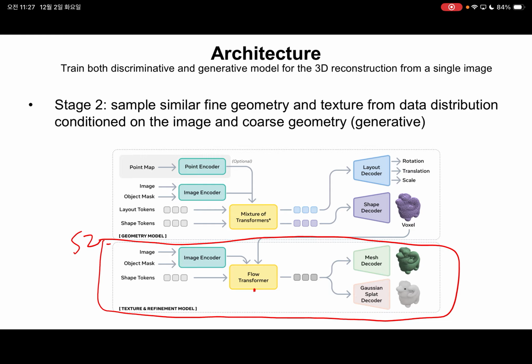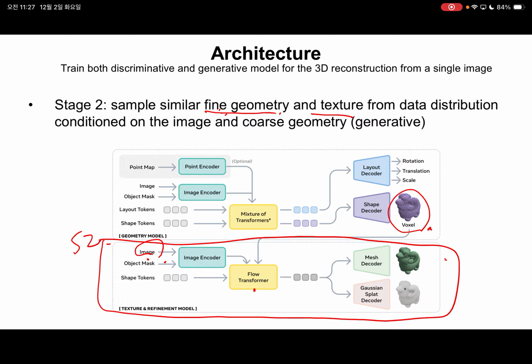Conditioned on the image, it tries to sample a point from the distribution. Here we have the diffusion and sampling stuff, included in the second stage. So given the coarse geometry and image, it tries to sample fine geometry. Fine means detailed geometry and texture from the data distribution.